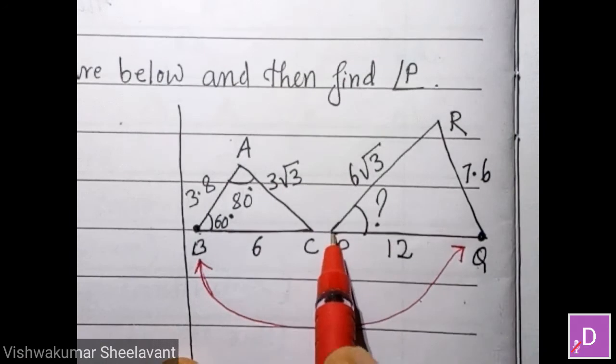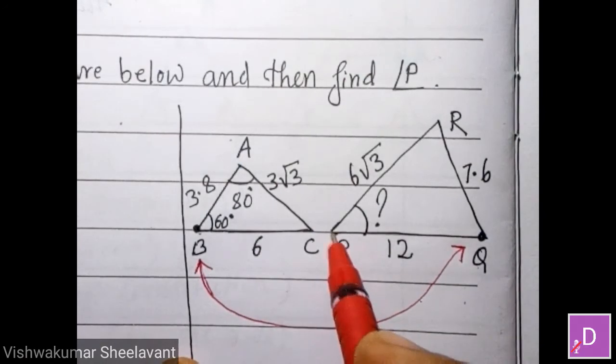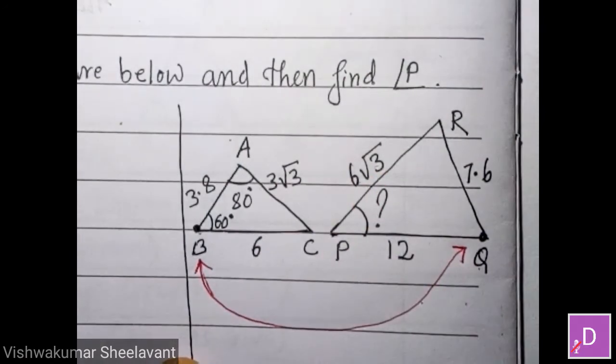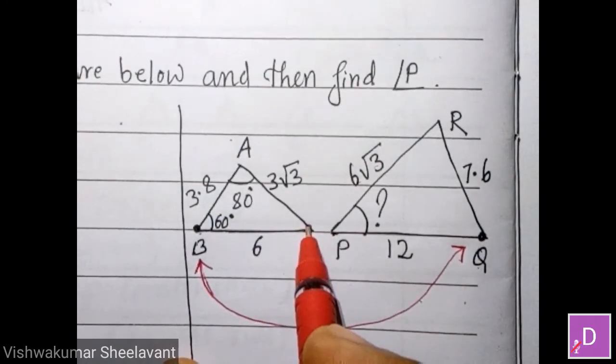It is connected to 6 root 3. And where this 6 is connected, because 6 and 12 are corresponding, this 6 is connected to C. That means this C is the vertex where 3 root 3 is also connected.